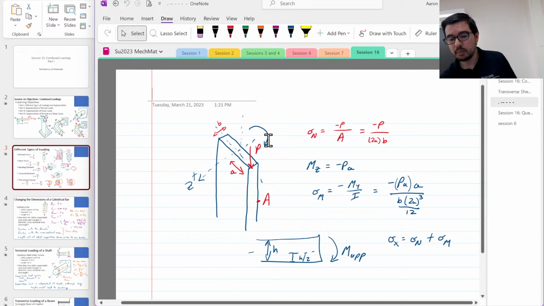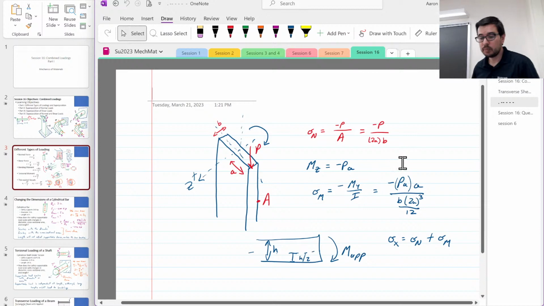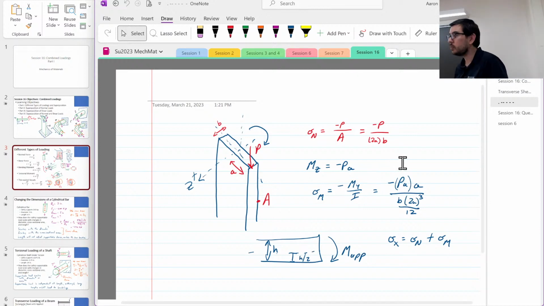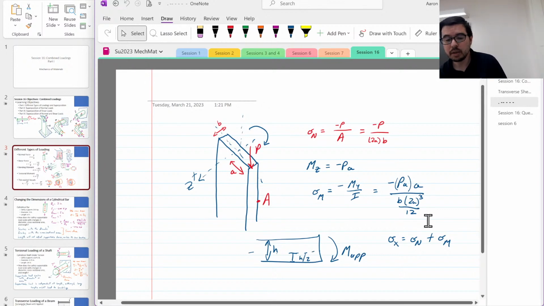So then it's P A times A again, over I, and in the I, it's B times (2A) squared. Okay, that's what I was doing. Also make sure that when you're calculating the normal stress, it's minus P over 2A times B. Did I mess that up just now? Yeah, I messed that up. Okay, there we go. That's the problem. Thank you. No problem, I'm glad.